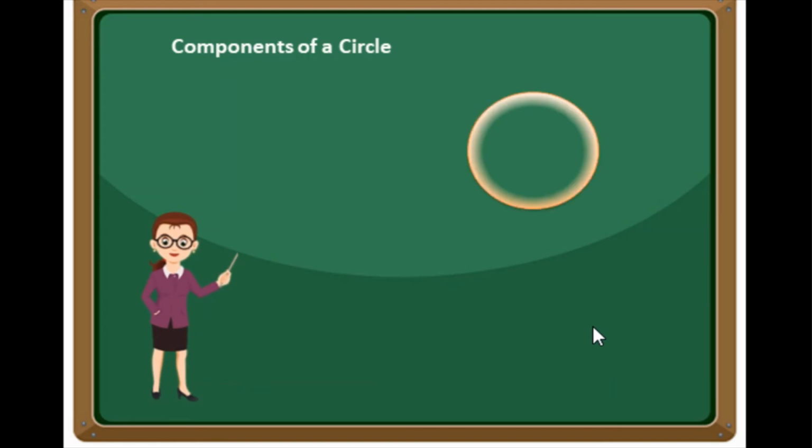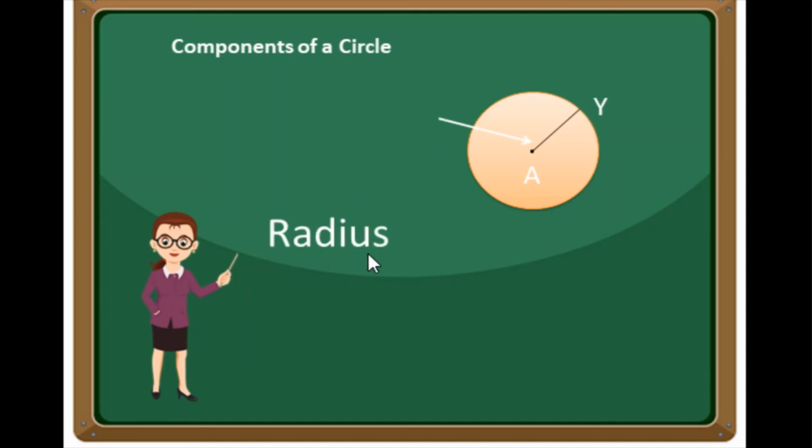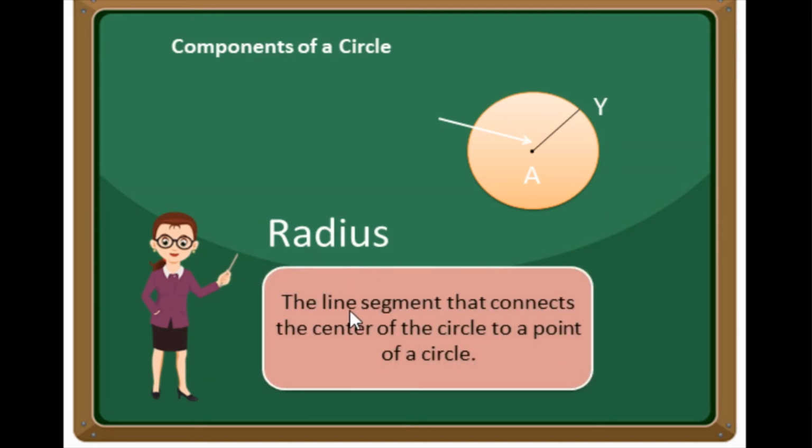The fourth component of a circle is when the center and another point meets each other. This is what we call radius. Alright, the radius is the line that connects the center of the circle to a point of a circle.